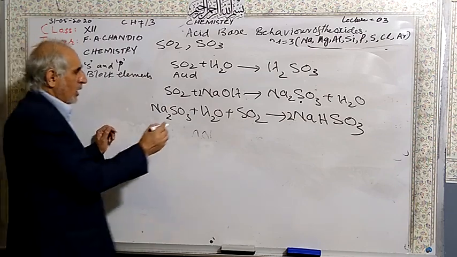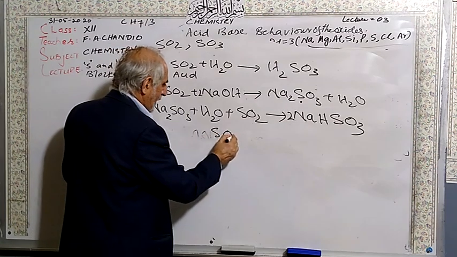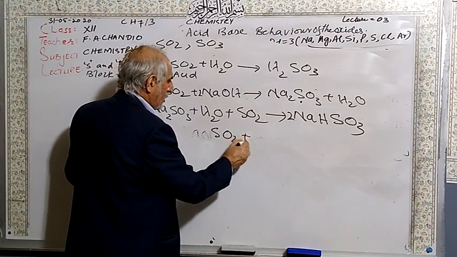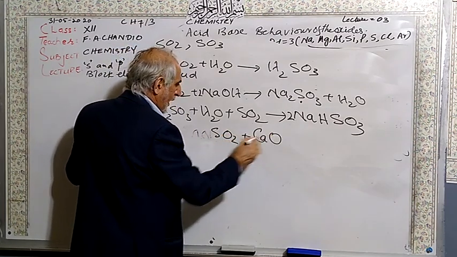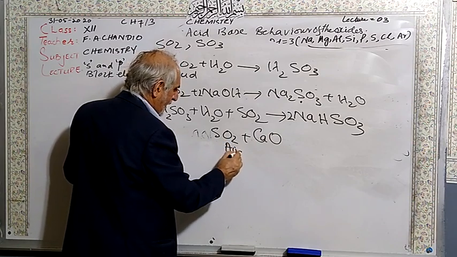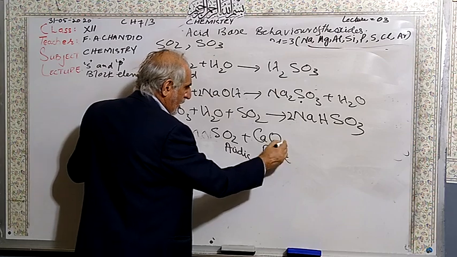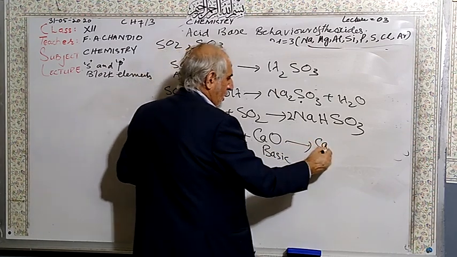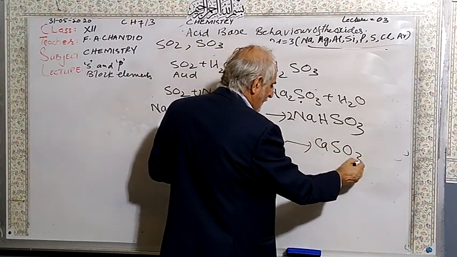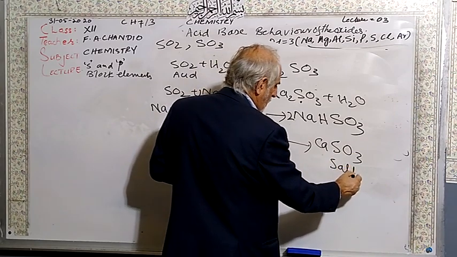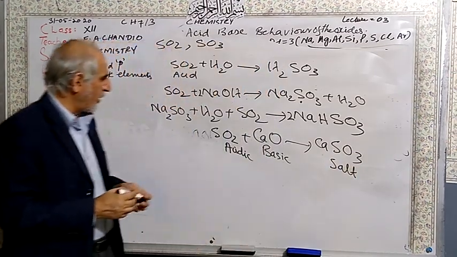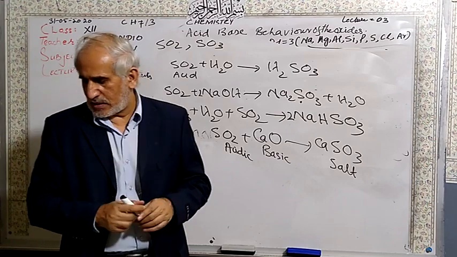So, dear students, sulfur dioxide is acidic, calcium oxide is basic, and you will get calcium sulfide, which is a salt. This is given only for identification of the acidic and basic.